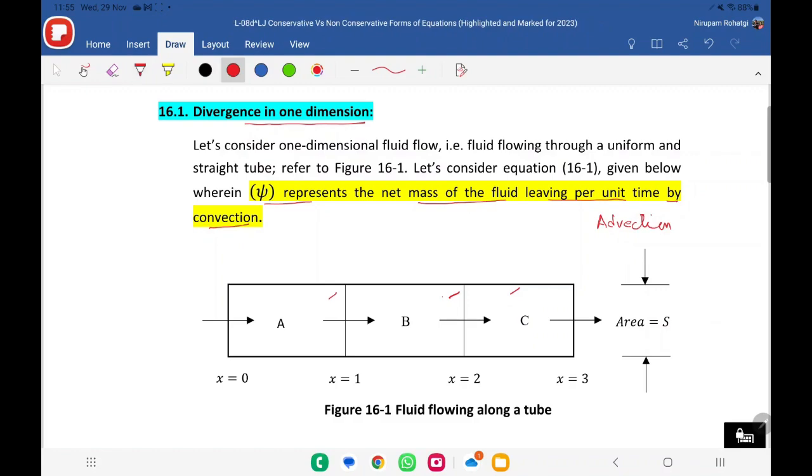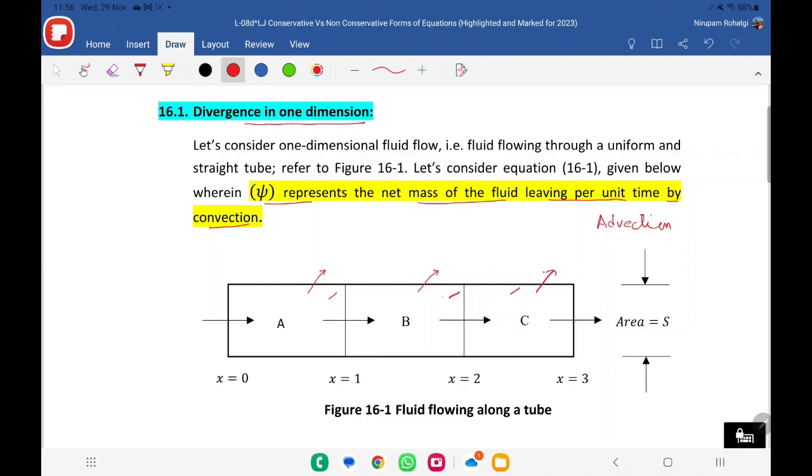In CFD it is known as advection. So some mass is coming out from this, some is coming out this, some is coming out from this. So each of this cell is giving out some mass, right? Divergence tells you the net amount of mass which is coming out of a cell, of a volume, okay.